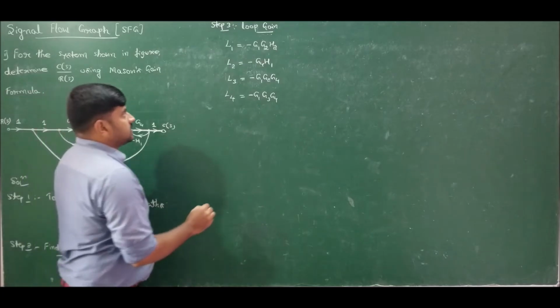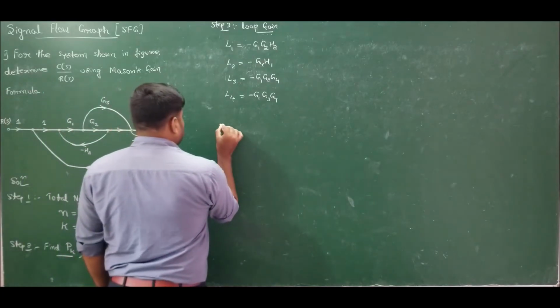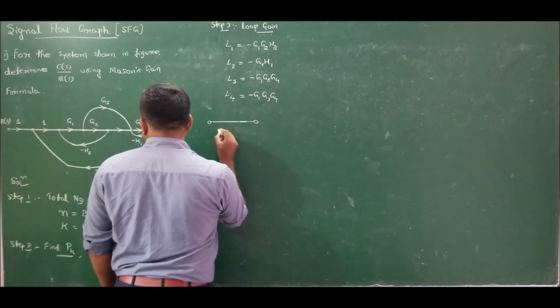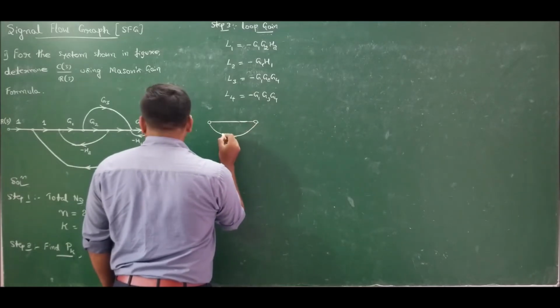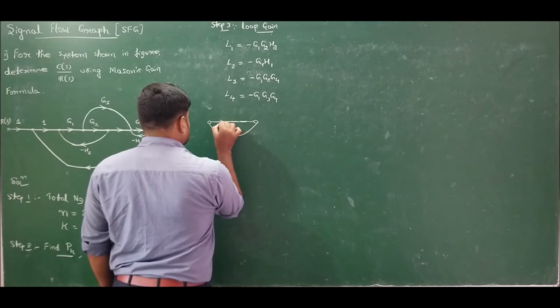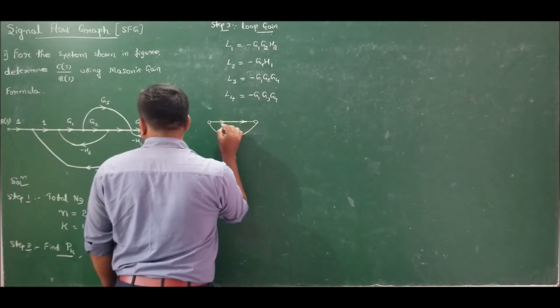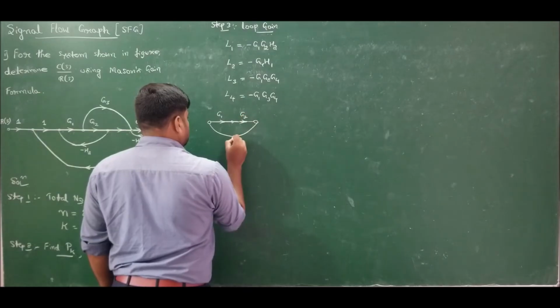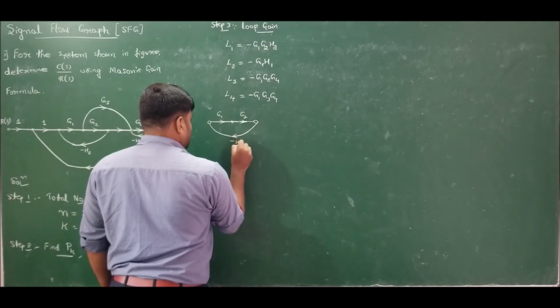For better understanding, if I write the loops, we have loop 1 like this: G1 G2 minus H2.